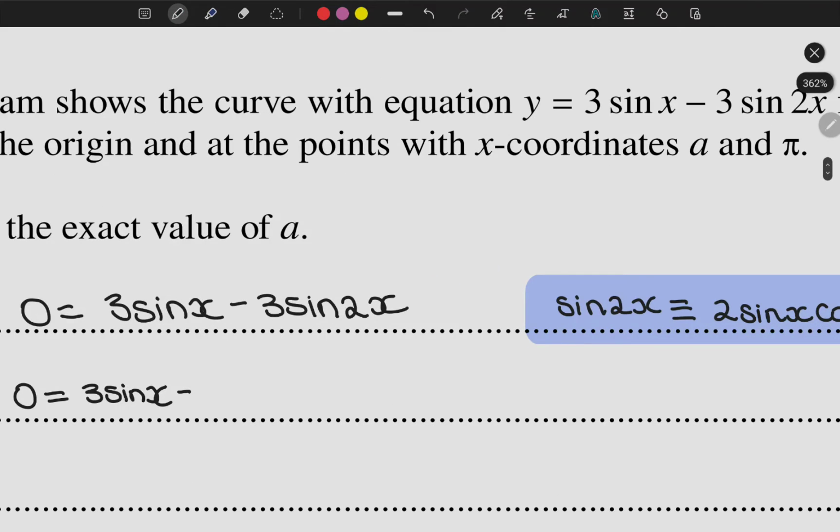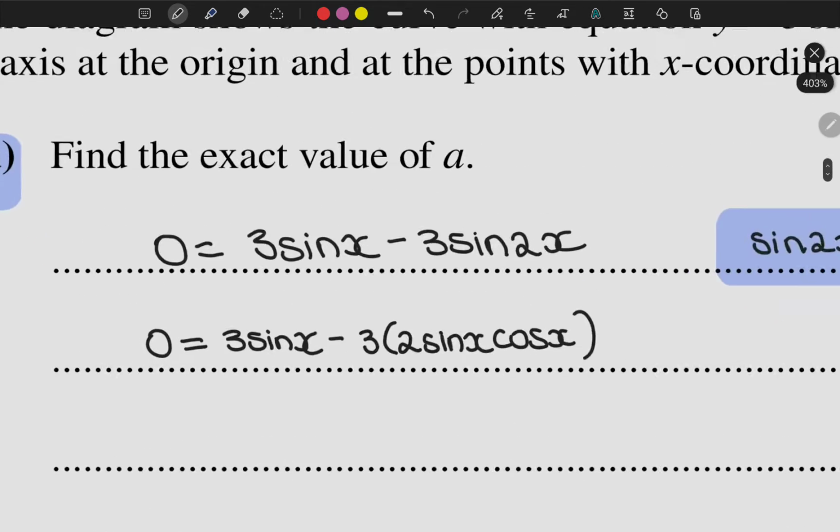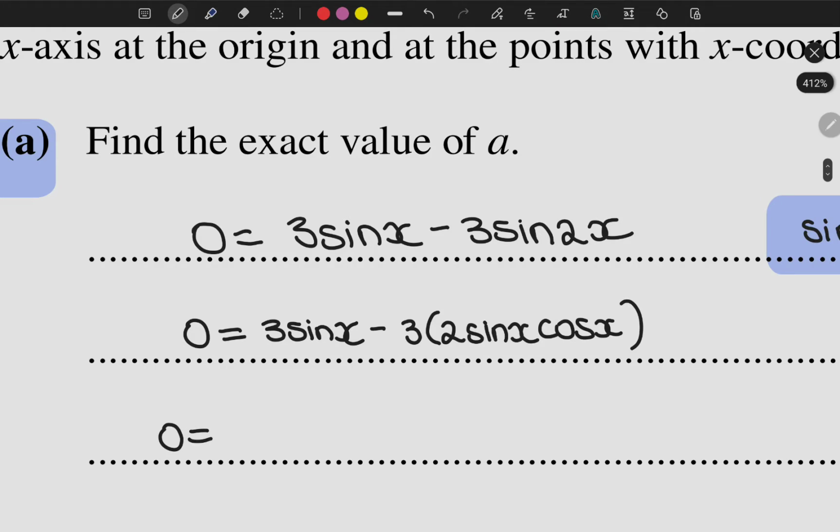So 3 sine x minus 3 times 2 sine x cos x. Okay, so 0 is equal to 3 sine x minus 6 sine x cos x.